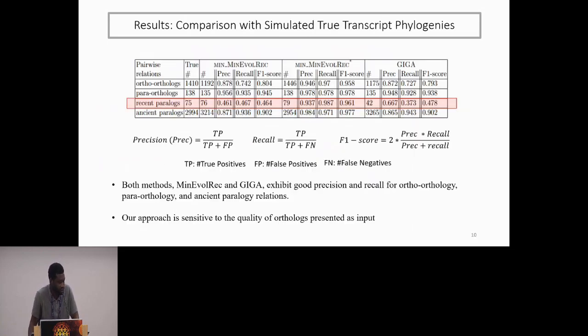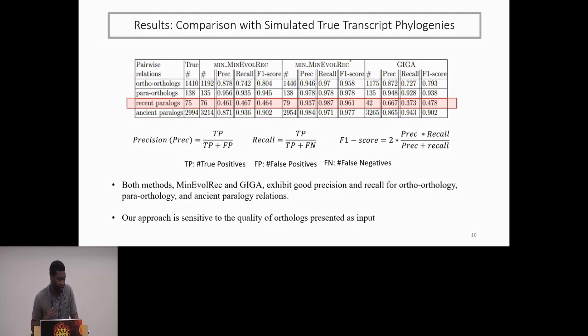To the best of our knowledge, there are only 2 tools dedicated to reconstructing transcript phylogenies. One has no source code available at this moment, and the other uses data directly retrieved from the Ensembl Compara database. So these tools cannot be used for comparison with our simulated dataset. Instead, we adapt Giga.